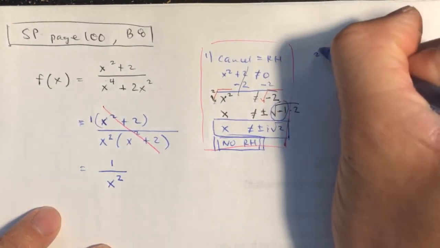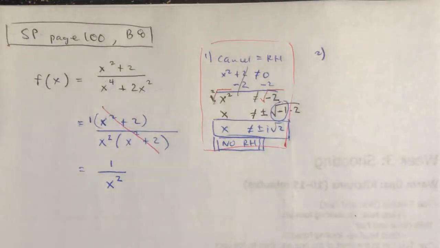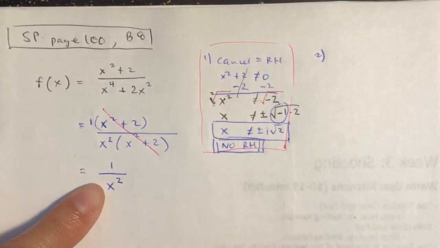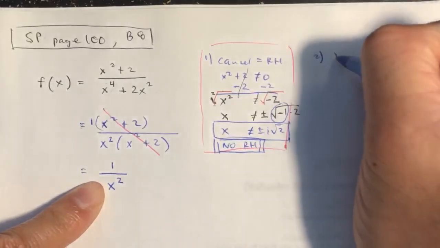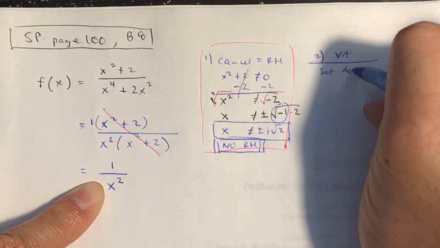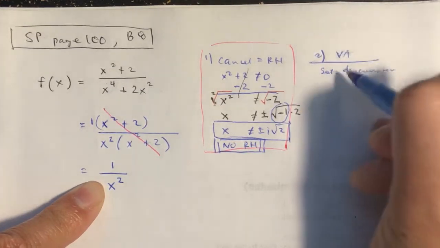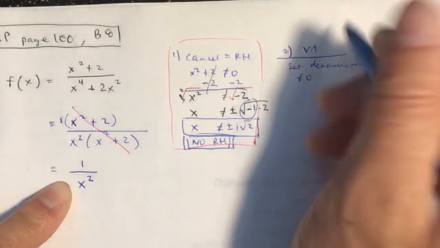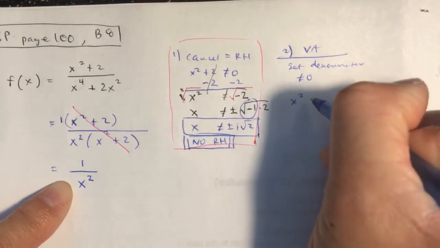Okay, the next thing I'm going to do is find the vertical asymptote. The vertical asymptote is found by taking the denominator after what you've canceled and setting it not equal to 0. So all I'm going to do here is take x squared and set it not equal to 0.